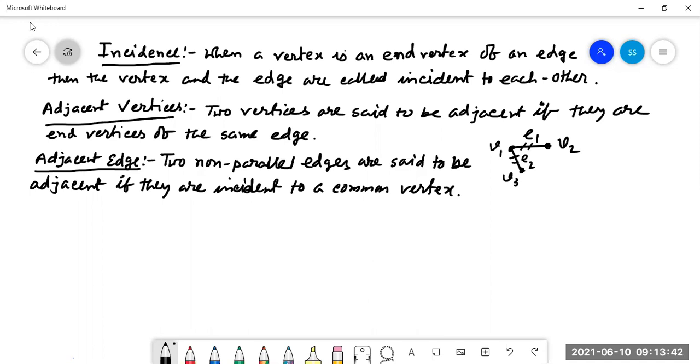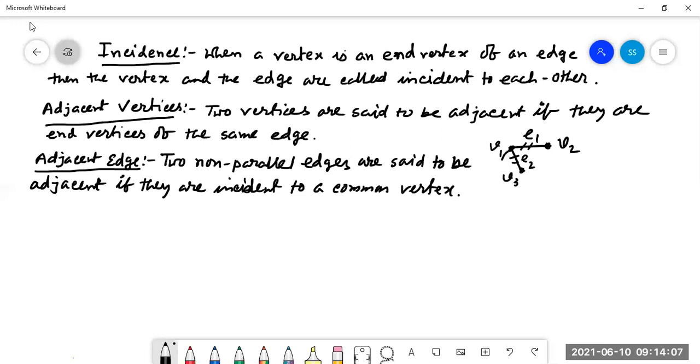So the common vertex V1 is here. Two edges E1 and E2, their end vertex is V1, which is common. So V1 is the incident vertex, because V1 is the end point of E1 and V1 is also the end point of E2. So from this V1, the two edges are coming. These two edges are called adjacent.